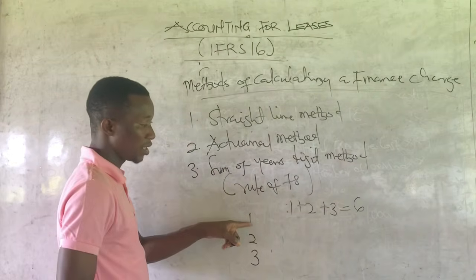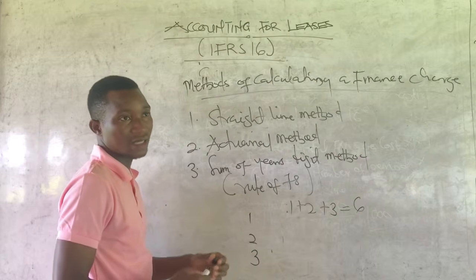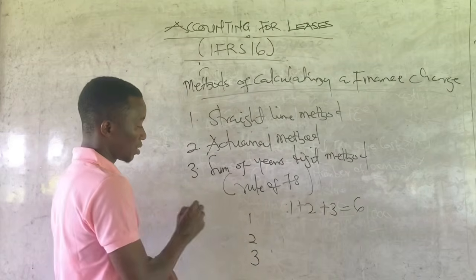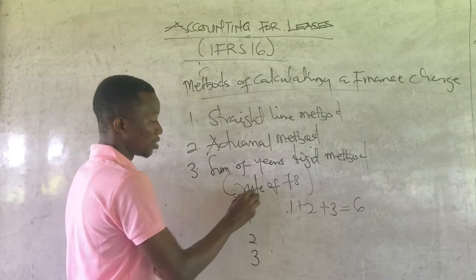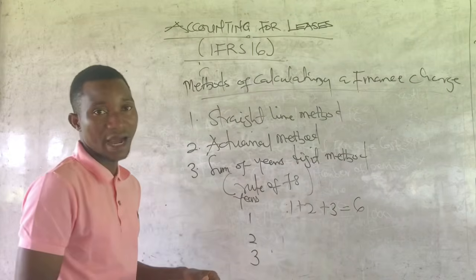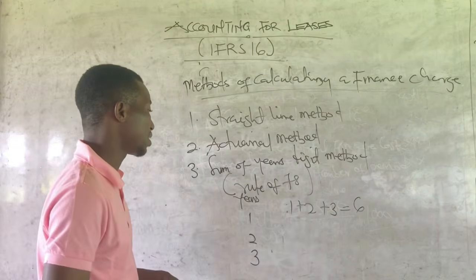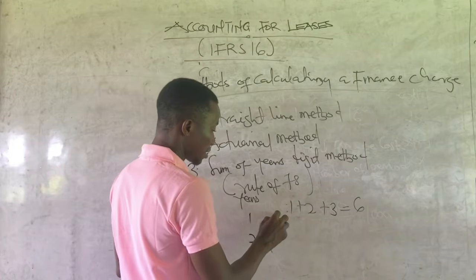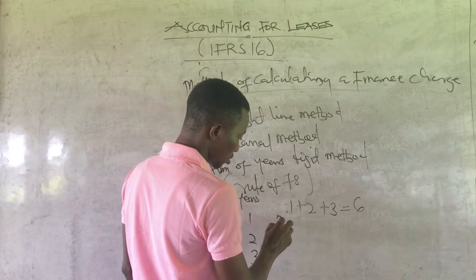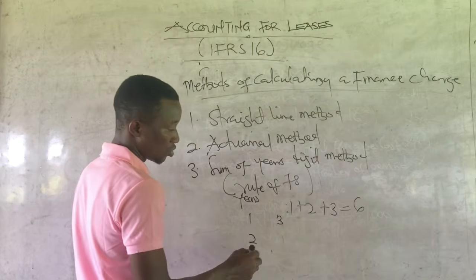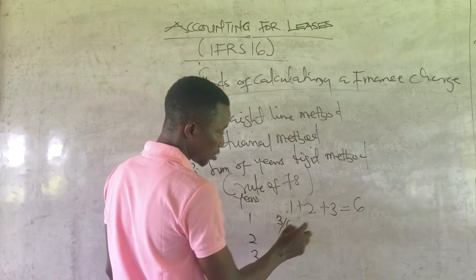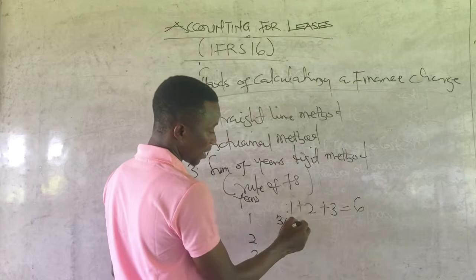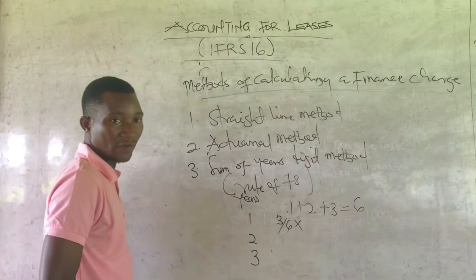To ensure that the first year receives the higher finance charge, we are going to reverse it, so the 3 will come first. To determine that it will be 3 out of the total digits, we multiply it by the total finance charge.